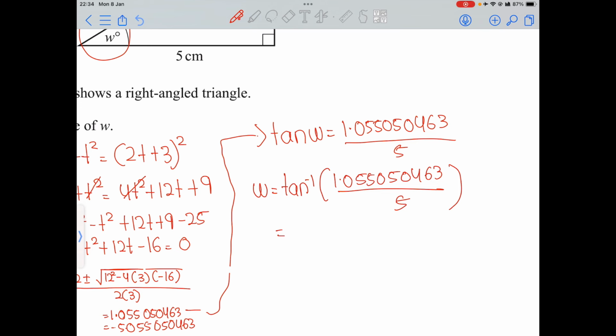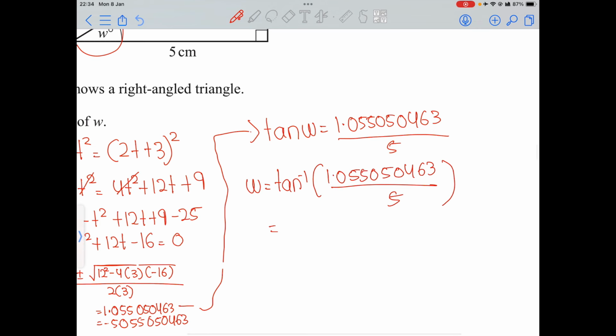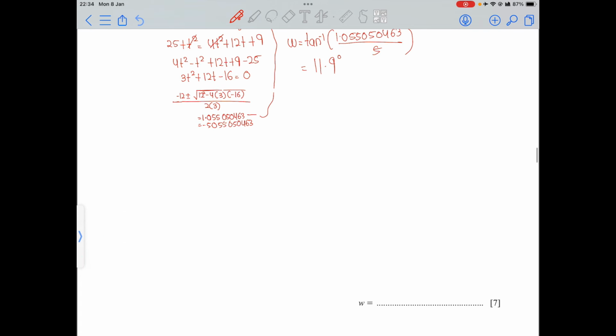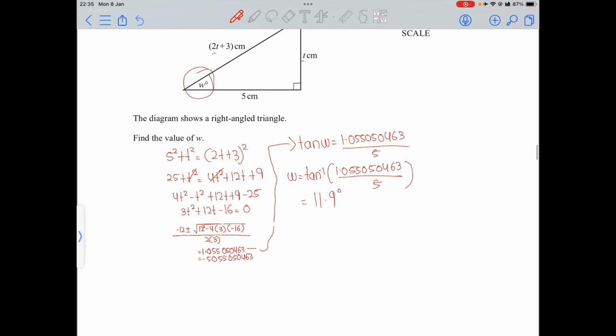Tan inverse of that gives me 11.9, since it's an angle, 1 decimal place, 3 significant figures also. So 11.9. Honestly, not that hard for 7 marks if you just put a bit of concentration here and there.